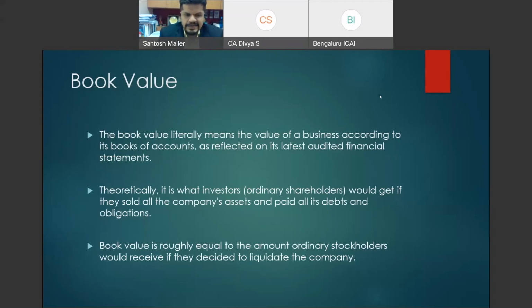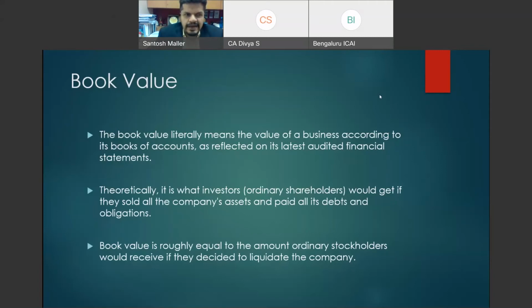Right. So basically, book value is what we used to use a few years back, when we were kids, right? That was what we thought was the right basis of valuation of a company.